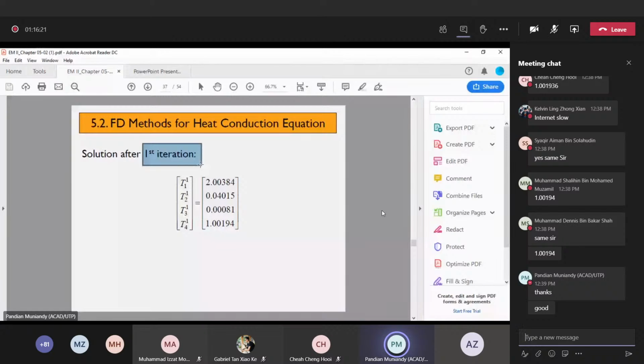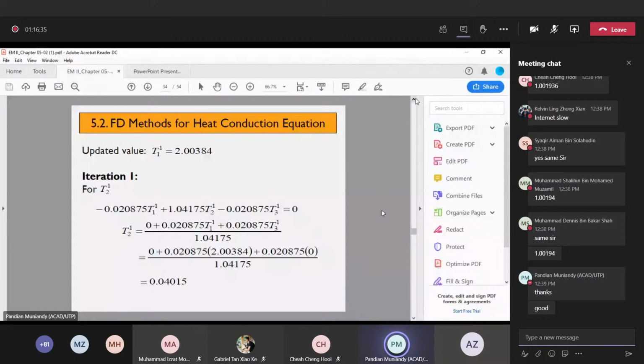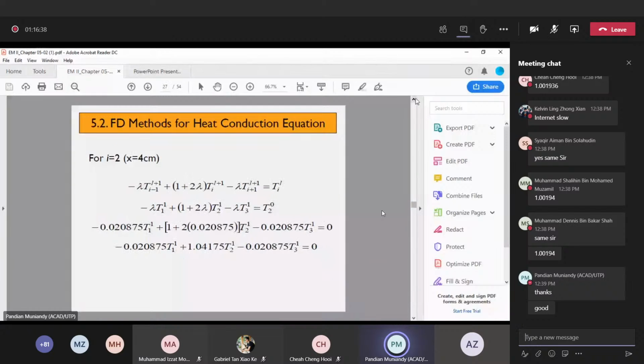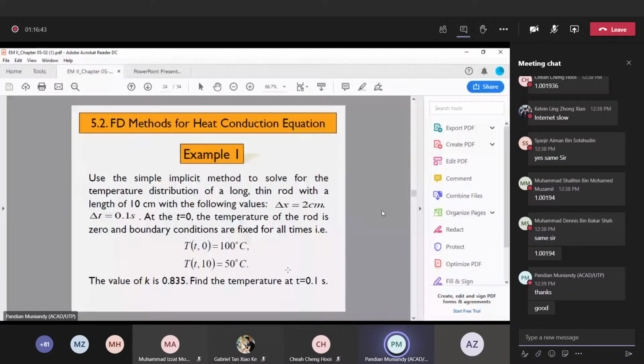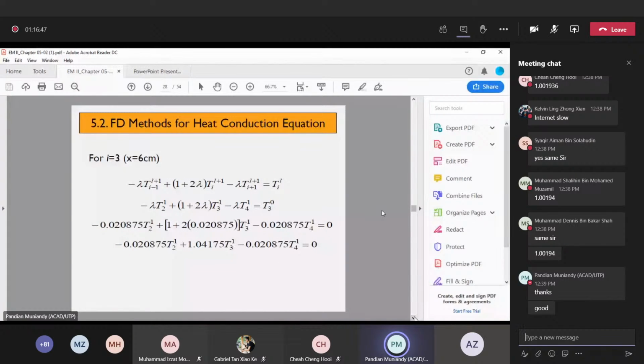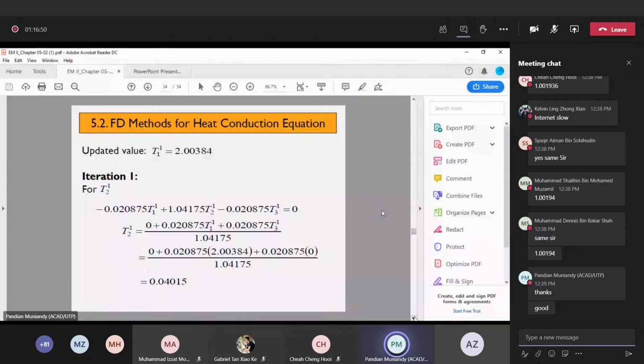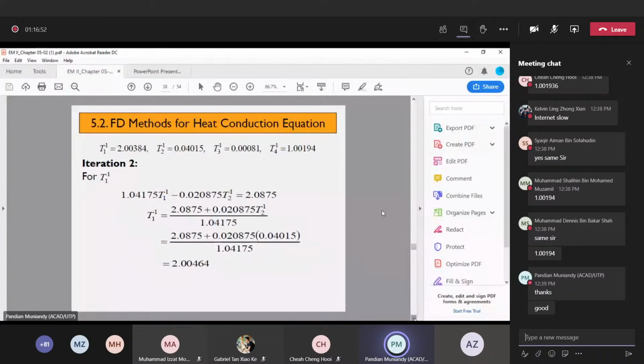First iteration, you already got this answer. Now we are solving this problem at t equals 0.1, but that is not the final answer. The first iteration is not final. We have to solve for the second iteration. This is new, class.